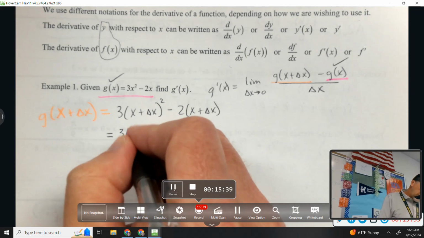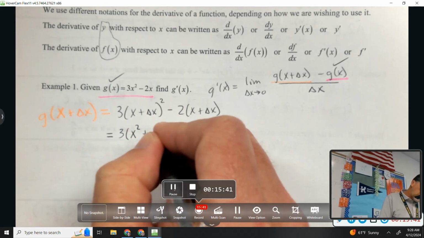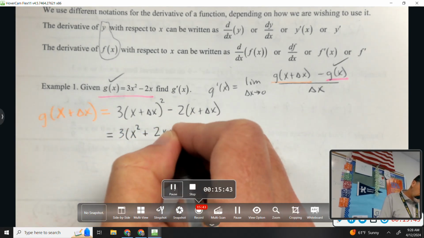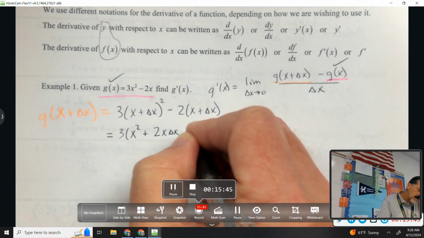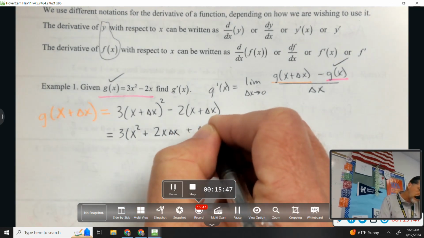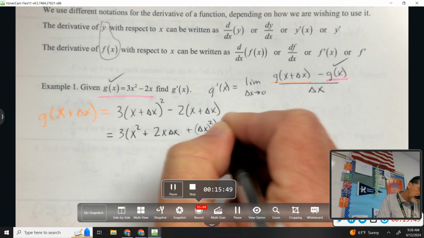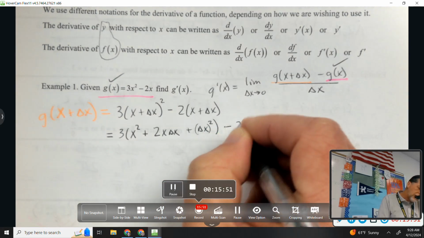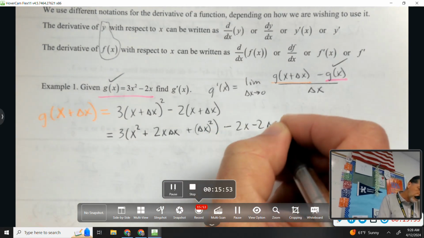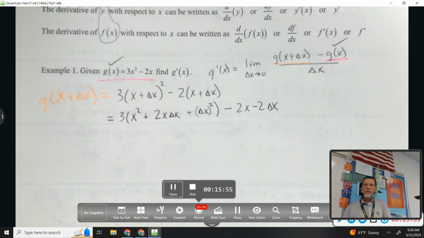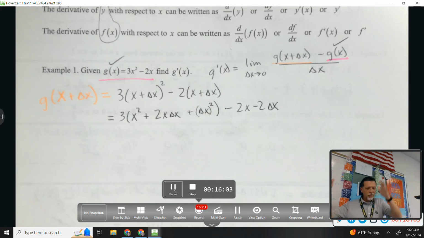So let's see, x squared plus 2x delta x plus delta x squared minus 2x minus 2 delta x. Our calculus concepts are over. Now we've switched over to algebra. Okay.